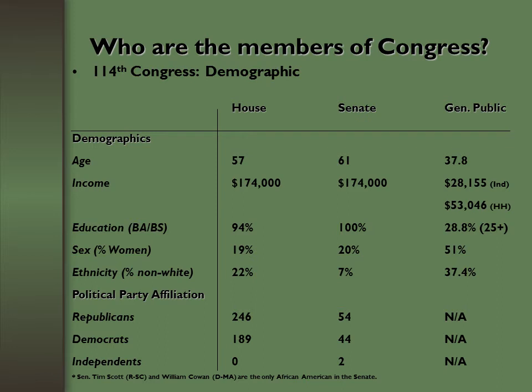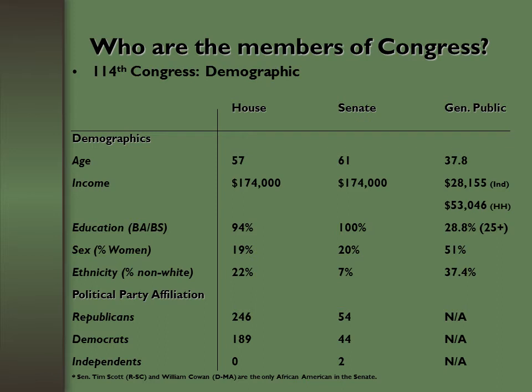Republicans again added on to their majority, a sizable lead in the House, 246 to 189, and the Republicans took over the Senate from the Democrats, 54 to 44, and that's where we stand today.